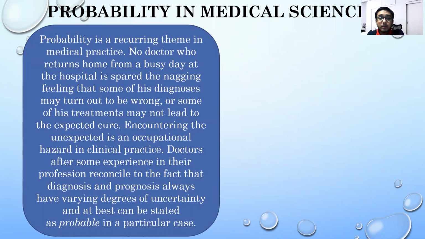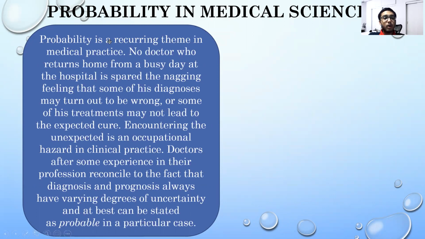He must have expected something, but it turns out to be wrong because there's a probability in everything. Encountering this unexpected is just an occupational hazard in clinical practices. Doctors, after some experience in the profession, reconcile to the fact that diagnosis and prognosis always have varying degrees of uncertainty and at best can be stated as probable in particular cases.